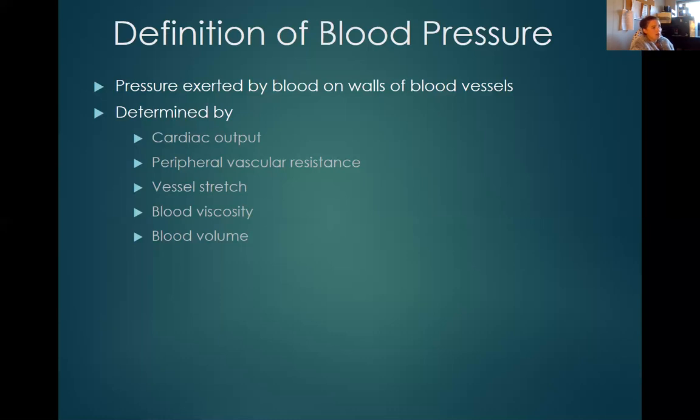And then blood viscosity, and viscosity, remember, is the thickness. So how thick or thin is the blood? Obviously, thick sludge-like product is going to take a little bit more work to push through the system than blood that's thin. So that's why a lot of times we discuss with people when they become mildly hypertensive, or if they're beginning to become hypertensive, they may recommend them being put on a low dose of aspirin, like 81 milligrams.